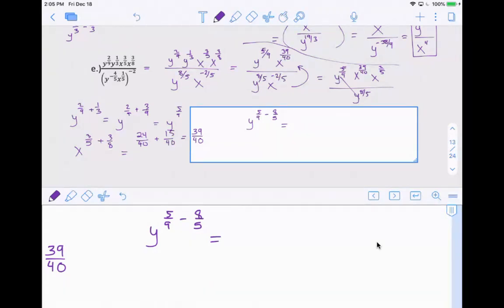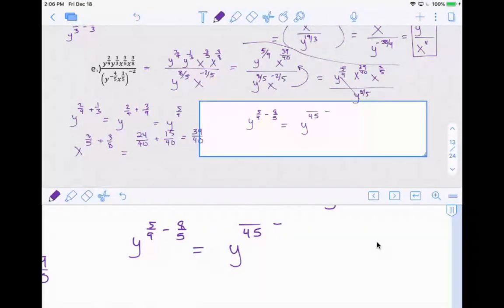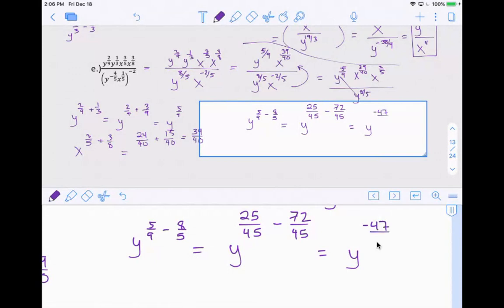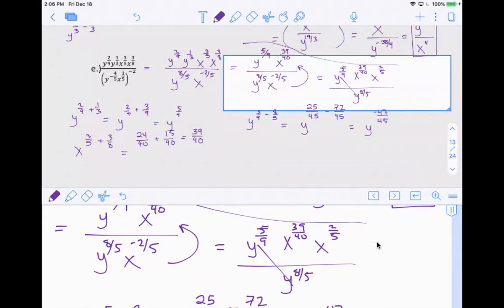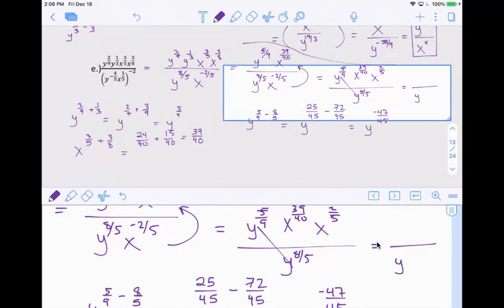I'm going to change these to 45, which means I multiply by 5 over here and 9 over there, which gives me y to the negative 47 over 45, which means it's actually going to hit the bottom. So I have over y to the 47 over 45.